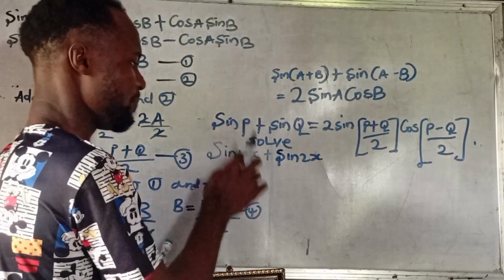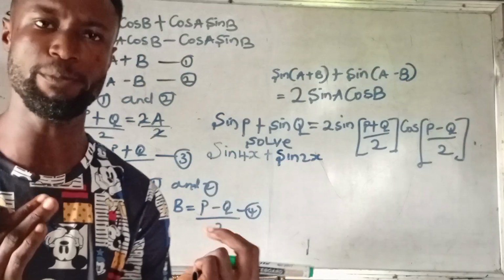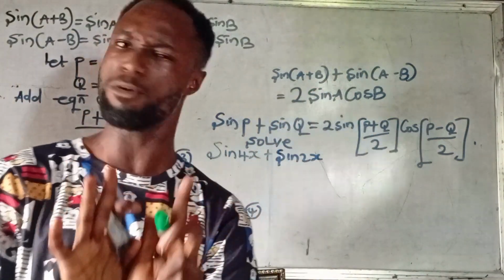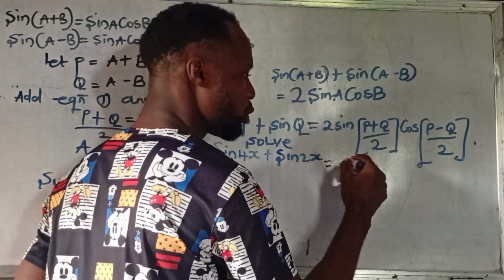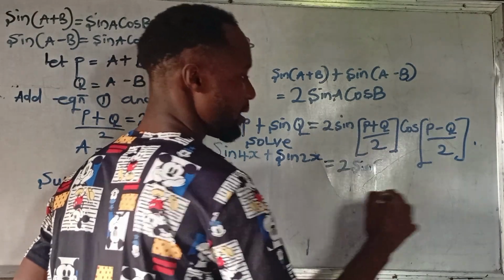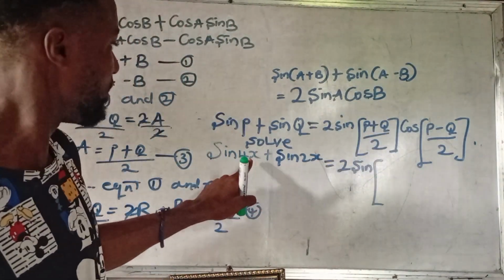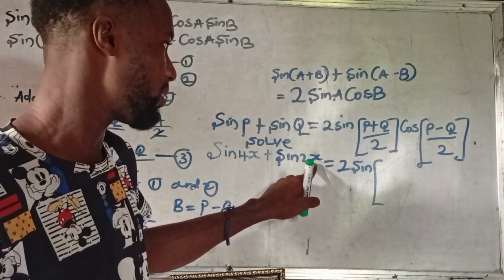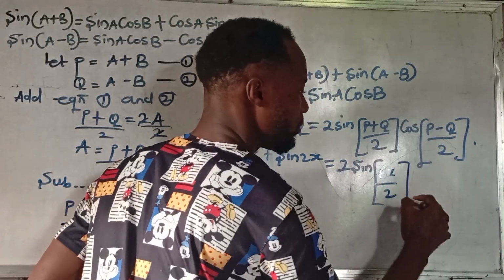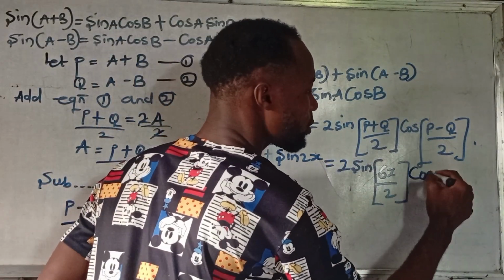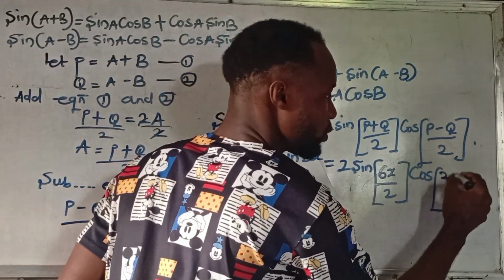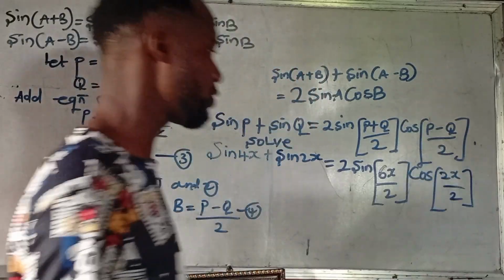Yes, this is sine P, then sine Q. Sine P plus sine Q is equal to 2 sine A cos B. That is the formula. So in your exam, you write 2 sine. P plus Q is 4x plus 2x, which gives us 6x. 6x divided by 2, you move, cos of 4x minus 2x, which is 2x, divided by 2.